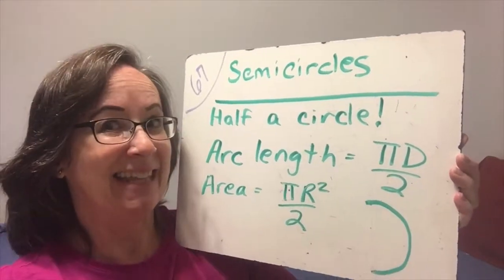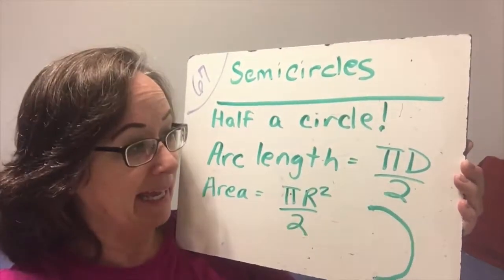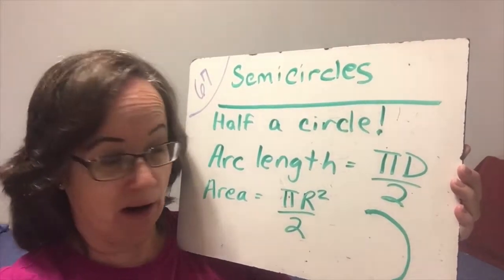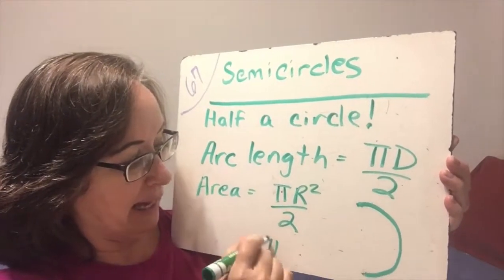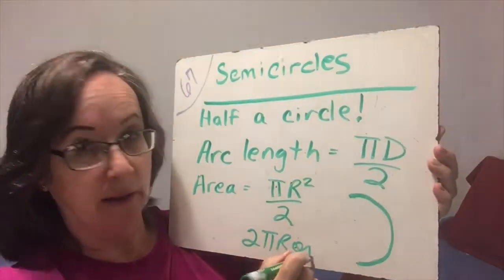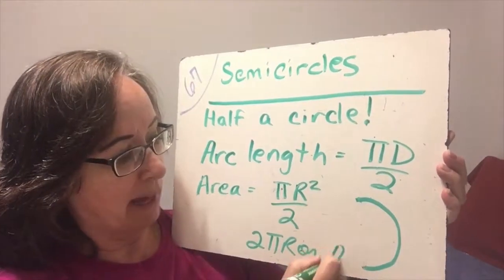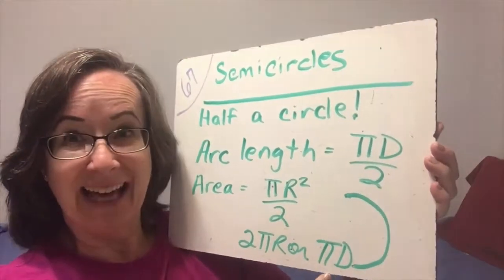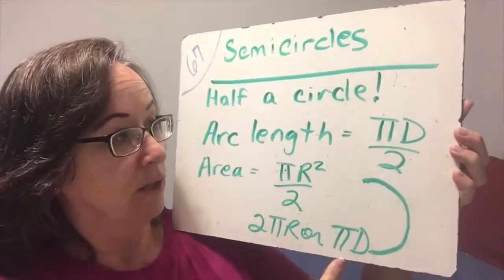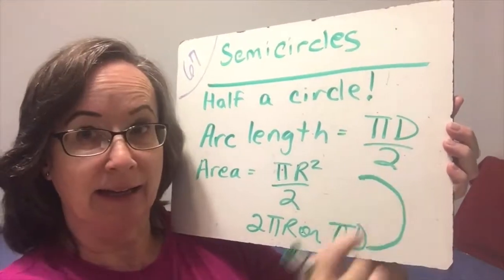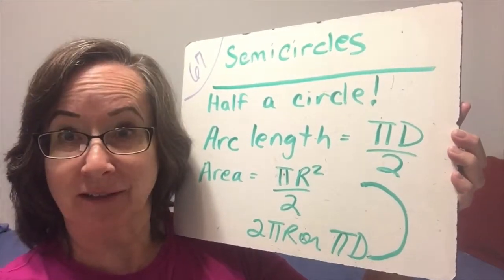Since the entire circle is 2 pi r, or remember twice r is the diameter, or pi d, that's for a whole circle. So pi d cut in half would be for a half circle.